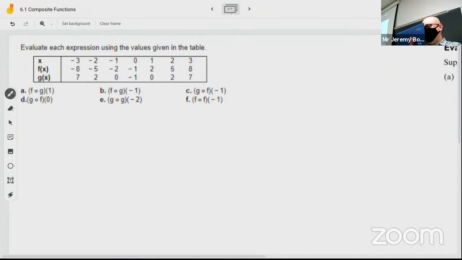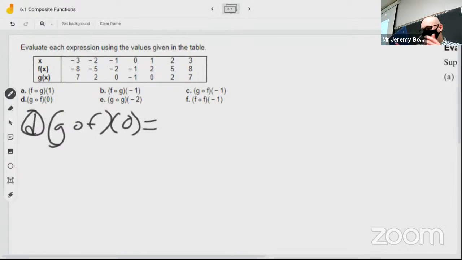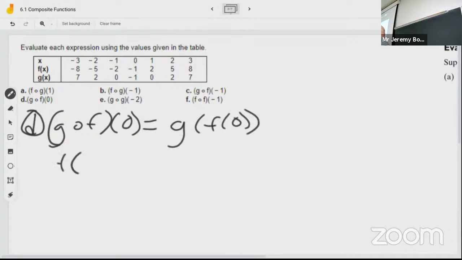All right. So start with delta. We've got G composed with F of 0. First thing, we'll rewrite it as G of F of 0. The first thing we need to find is F of 0, which is -1.